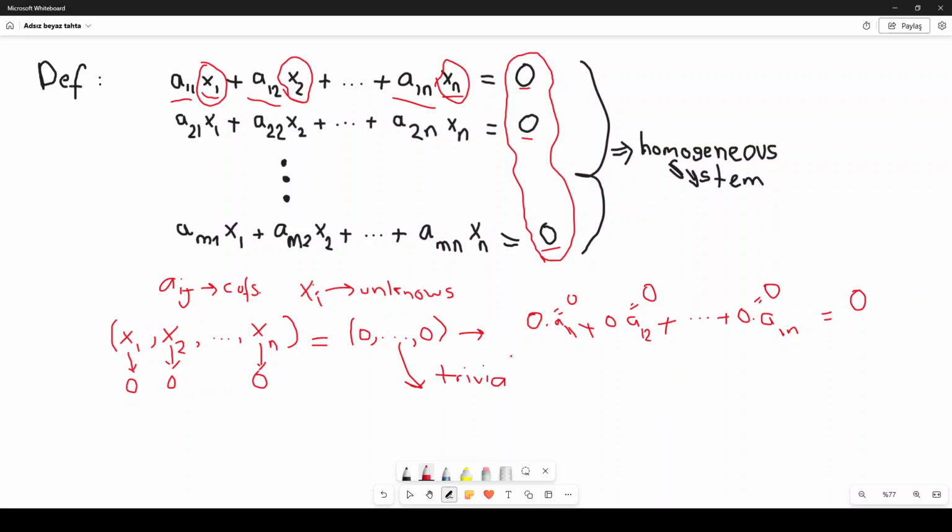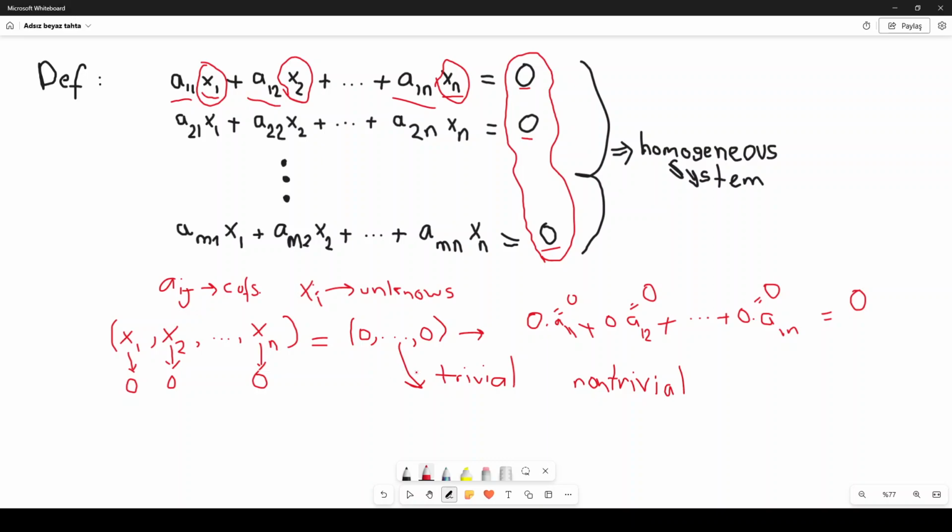Of course, what we are interested in is finding solutions which are not trivial, and these are called non-trivial solutions. A non-trivial solution is a solution that is different from 0; in other words, at least one value of the unknown variables is not equal to 0.